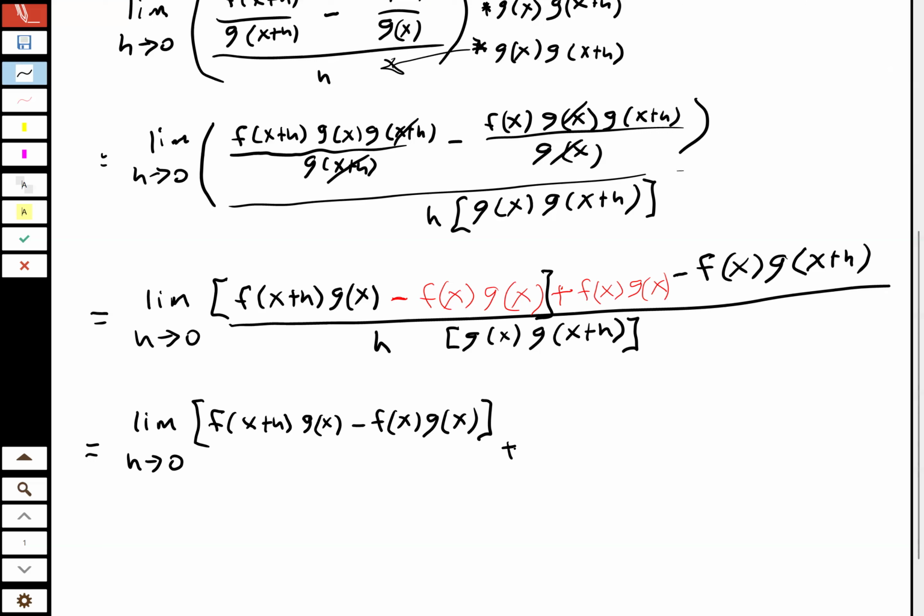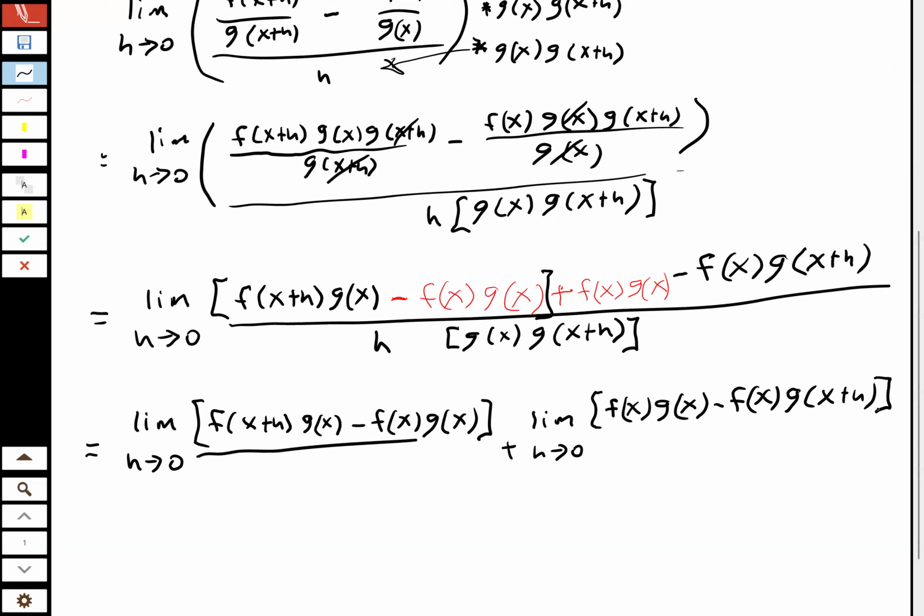And let's also look at the limit as h goes to 0 of f of x g of x minus f of x g of x plus h. And this is all over h and g of x times g of x plus h. A lot of pieces, but it's going to start to get real clean real fast here.